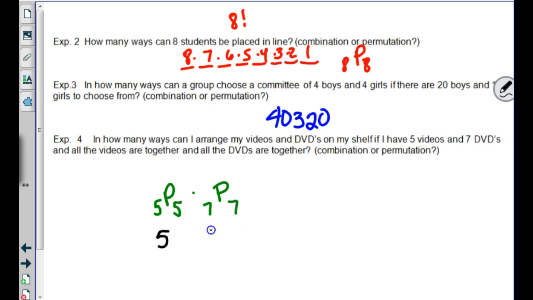And 7p7? What's 7p7? Should be 7 times, this is not 5, is it? Should be 5 times 4 times 3 times 2 times 1. And this one?